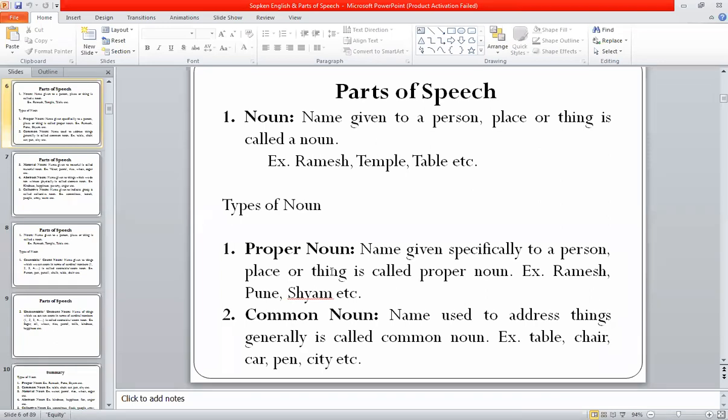Let's see what are its examples. The examples of proper noun are Ramesh, Pune, Sham, Mumbai, Ahmedabad.